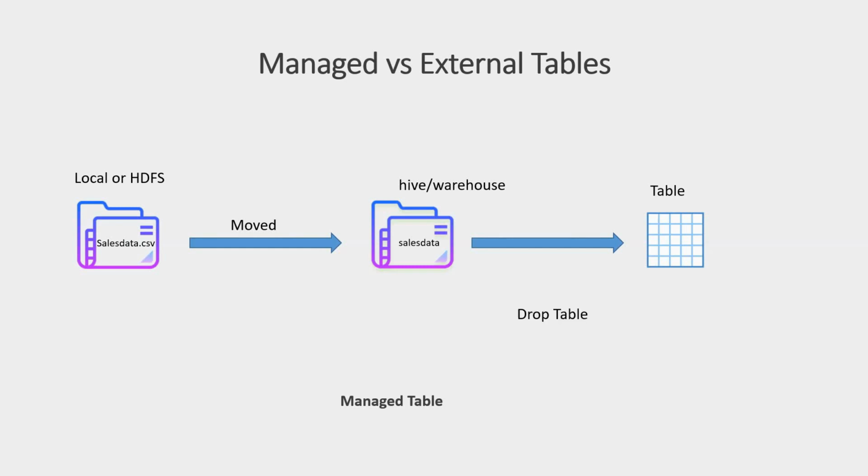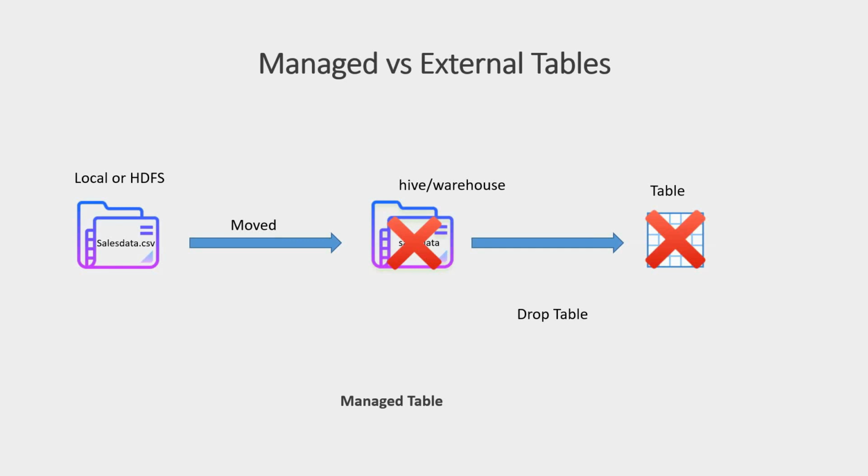Once you drop the table, it will drop the table and also the data from the HIVE warehouse location. So the data is already moved, so it doesn't exist in the source location, and once you drop the table, the HIVE warehouse data will also be gone.